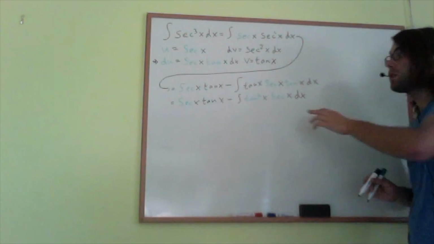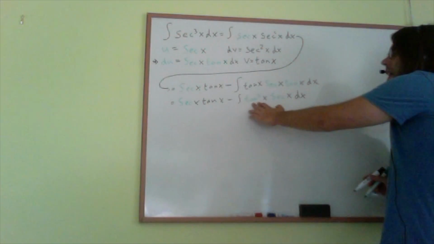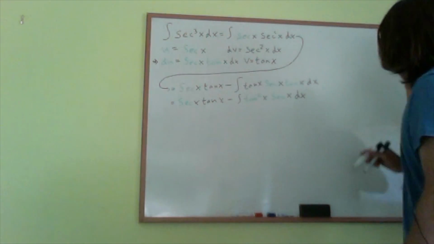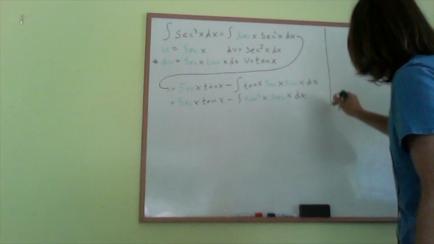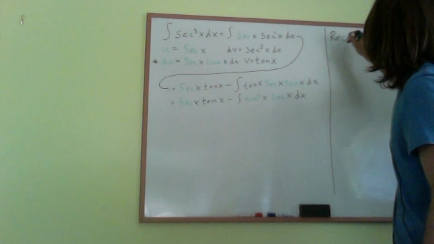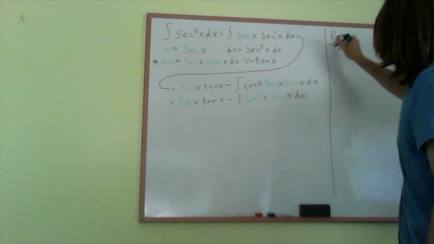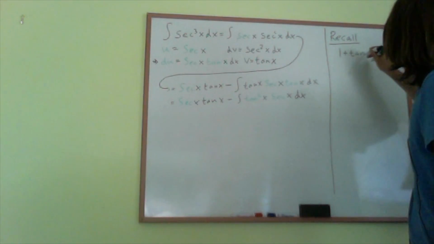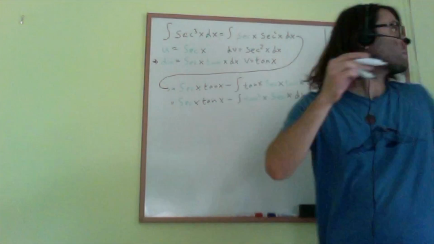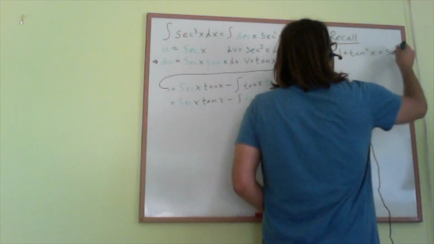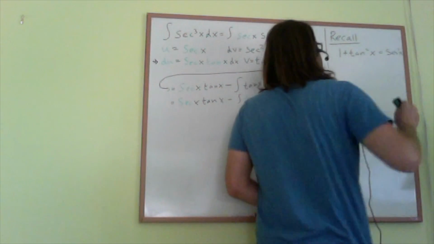Okay, now you can go ahead and do by parts a second time to handle this, but there's actually an easier way, and that is to use a Pythagorean identity. Recall that 1 plus tangent squared x is equal to secant squared x.